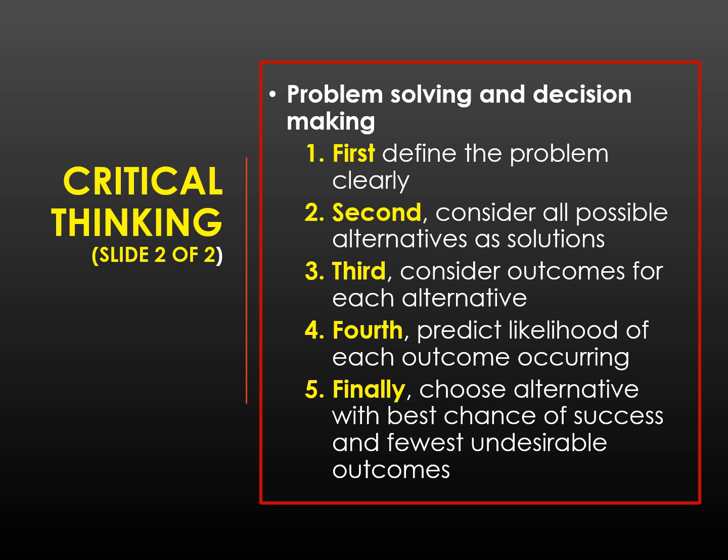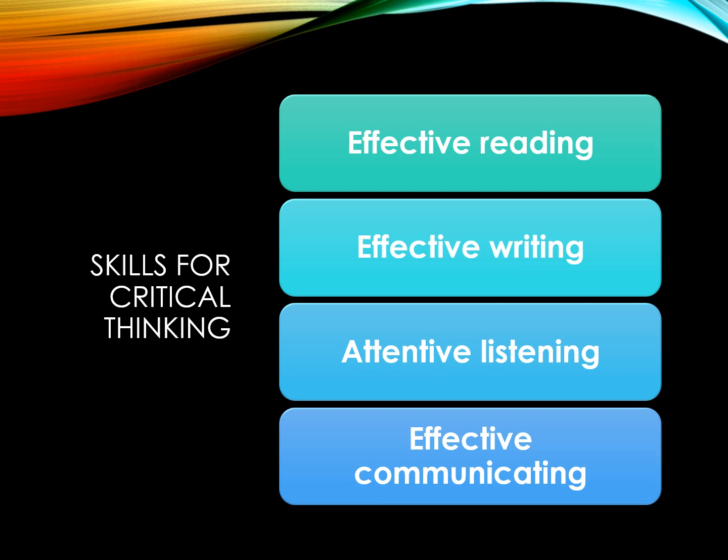Steps of this: defining the problem, look at all your possible solutions and alternatives, consider the outcomes for each alternative, predict the likelihood of it happening, because maybe those outcomes may not happen, or they may be more likely to happen. And then basically that's when you make your decision, after you have thoroughly examined all options.